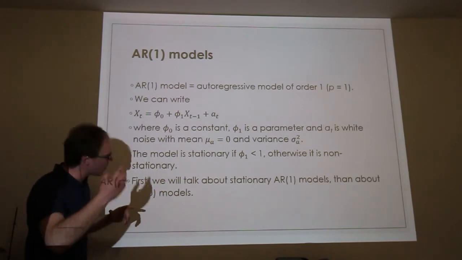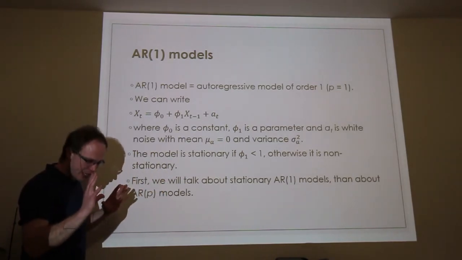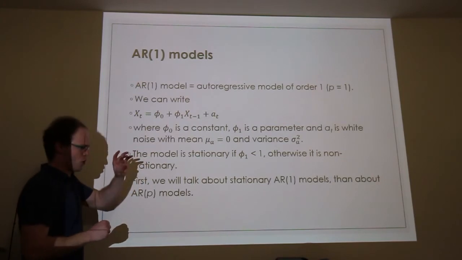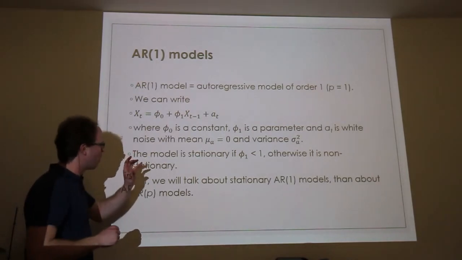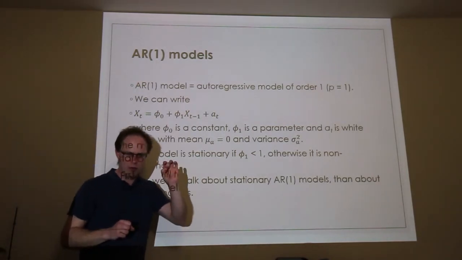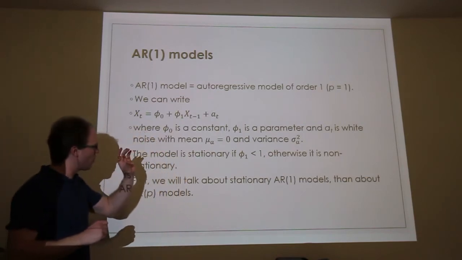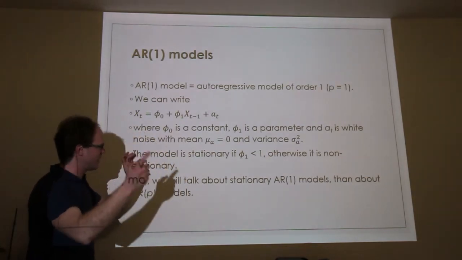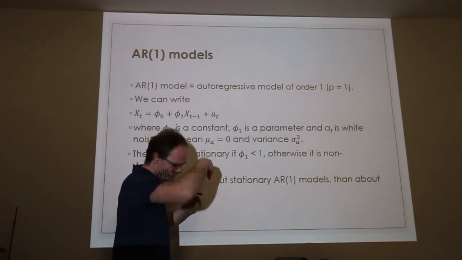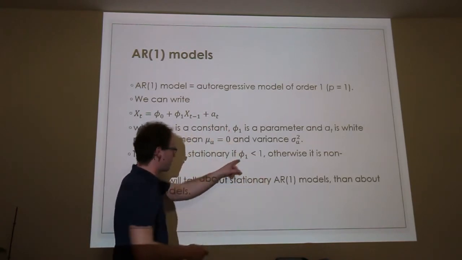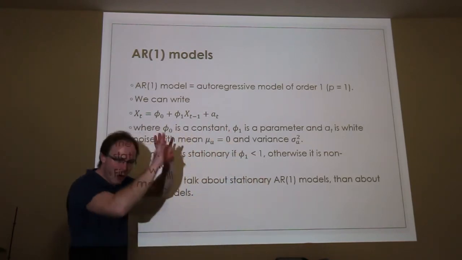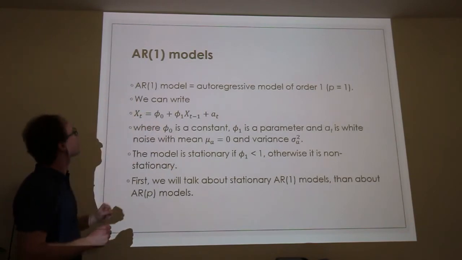Maybe later we will speak about the special process which is called random walk, so you will see more about this parameter phi 1, but now it's only the autoregressive model.